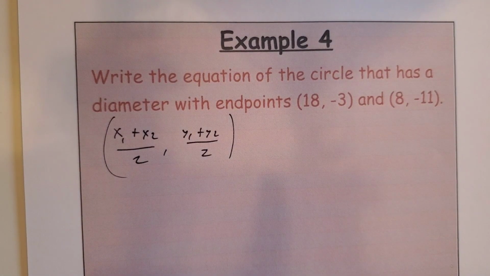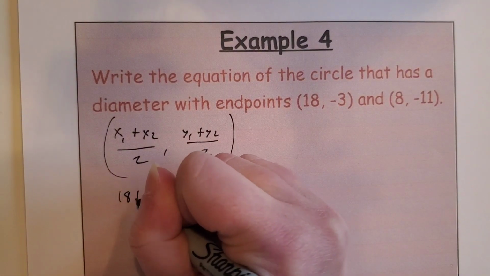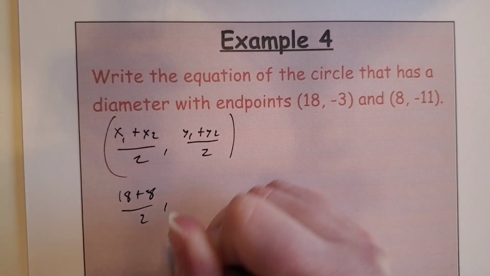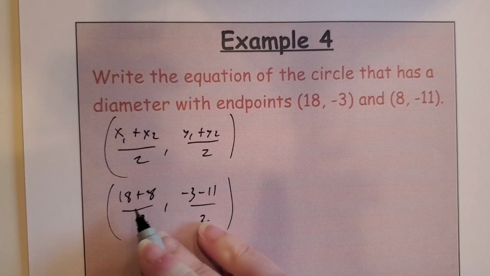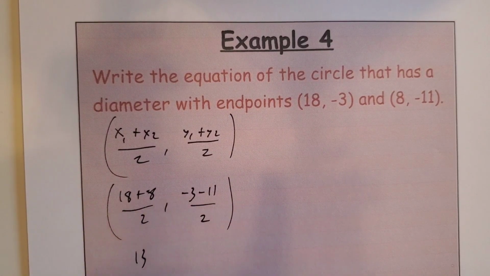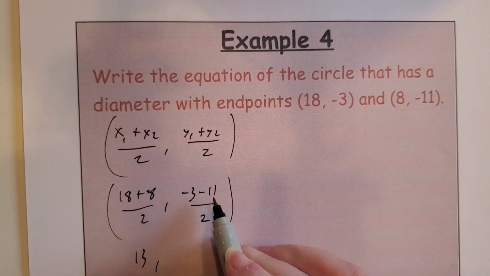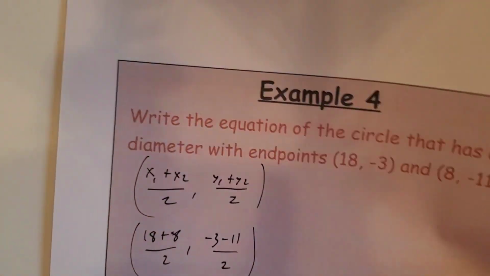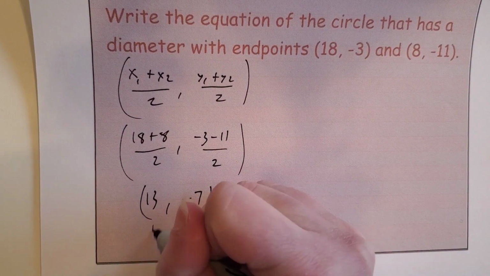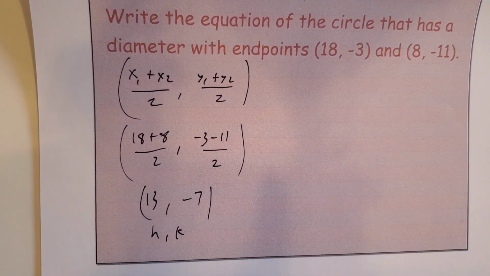That's midpoint formula. So 18 plus 8 over 2 and negative 3 minus 11 over 2. So this is 26 over 2, that's 13, comma, negative 14 divided by 2 is negative 7. That's your center. That's your h and your k. All right?